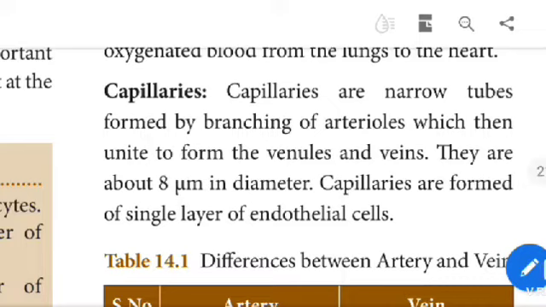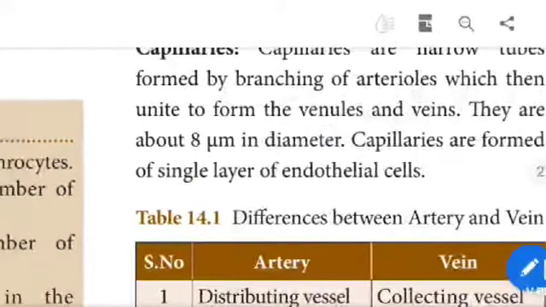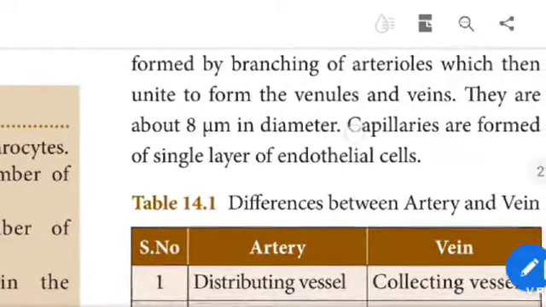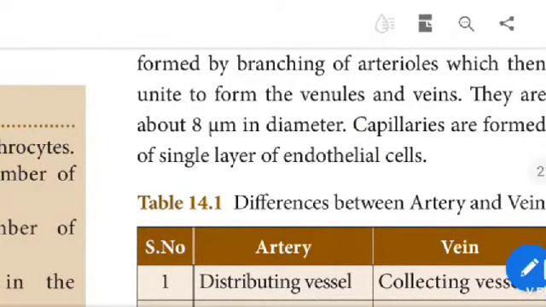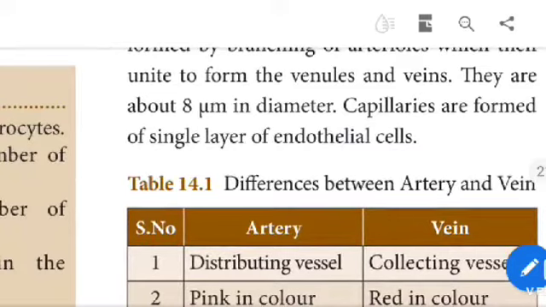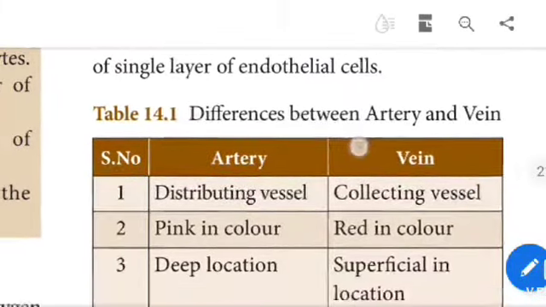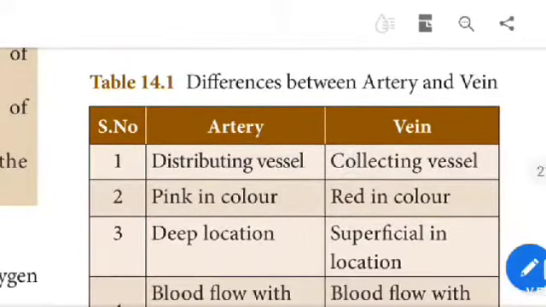Capillaries are narrow tubes formed by branching of arteries, which then unite to form the venules and veins. They are about 8 micrometers in diameter. Capillaries are formed of a single layer of endothelial cells.